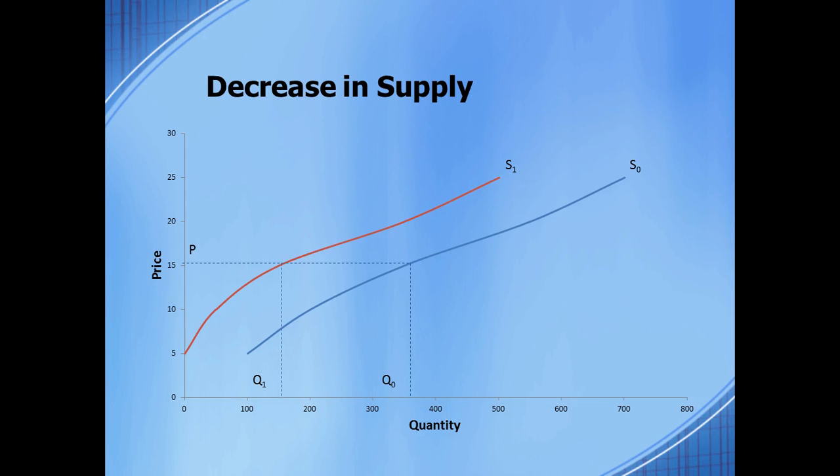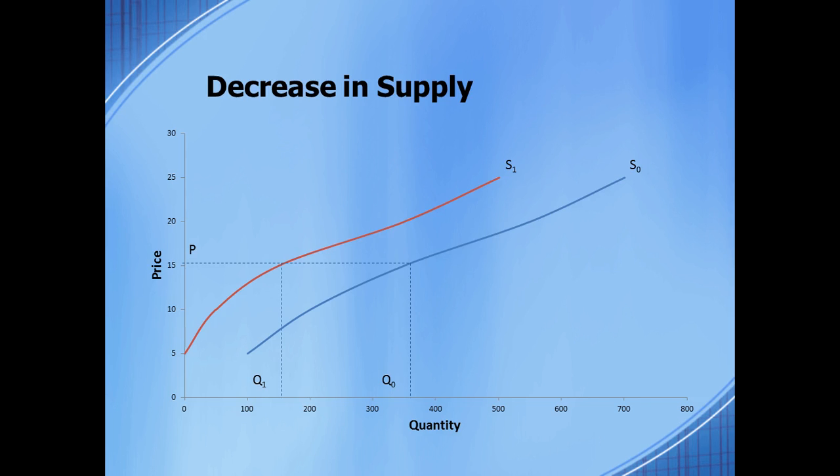Thinking back about how we could label things up, this chart looks at the impact of a decrease in supply. If you look at when the price is £15, Q0 is the original quantity, which shows the quantity supplied is 350 units.